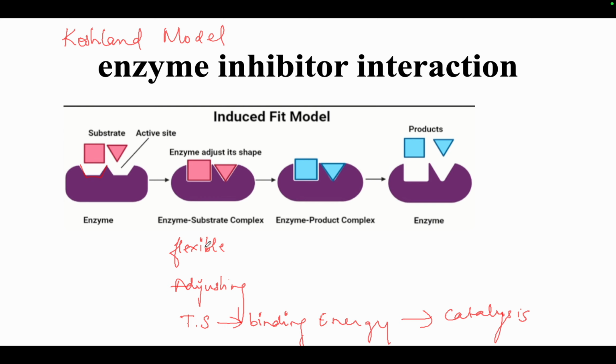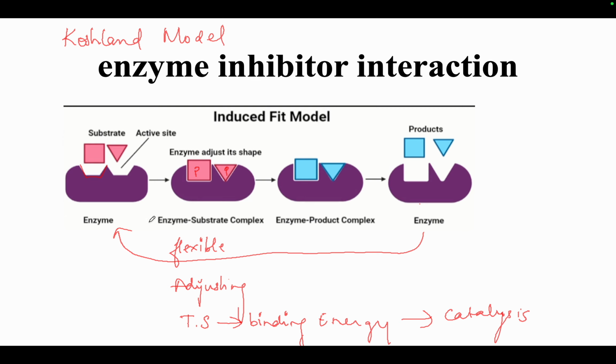So in the induced fit model, we have the enzyme getting adjusted to the substrate shape, and then it is converting the substrate into product. So this pink block is getting converted into blue as shown here, and the products are released. Then after the product is released, the enzyme goes back to its original shape.